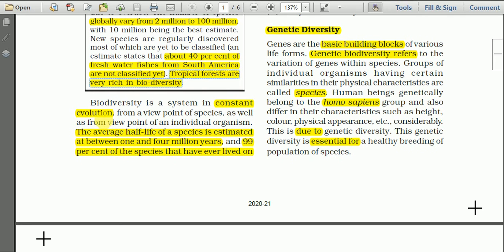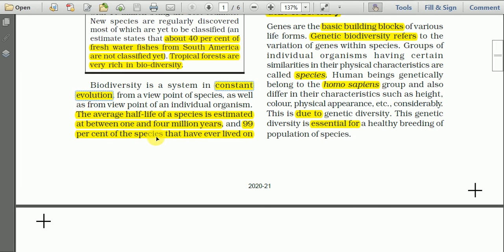And again, it is mentioned here, biodiversity is a system in constant evolution. Evolution is still going on from a viewpoint of species, as well as from a viewpoint of an individual organism. All the organisms and all the species on the Earth's surface are in the process of evolution.